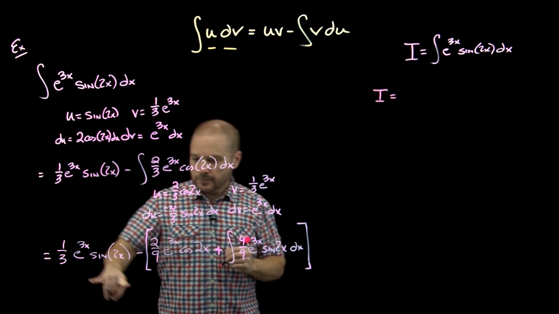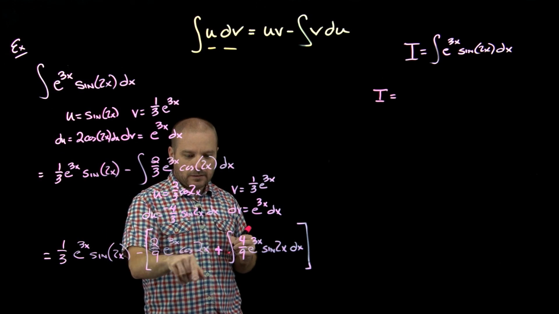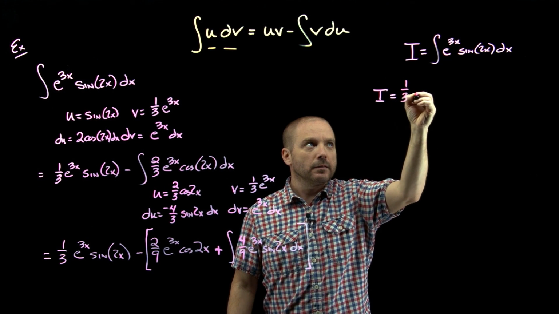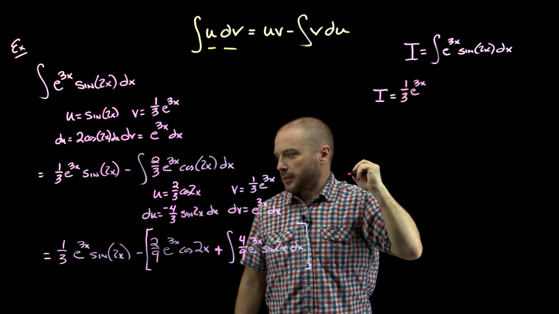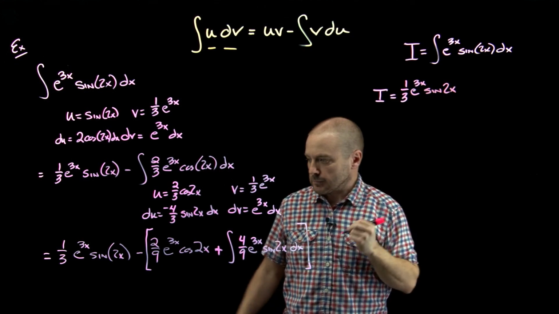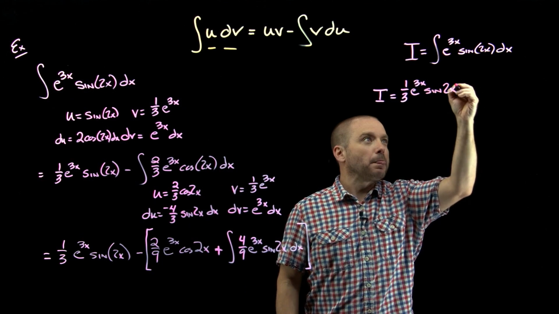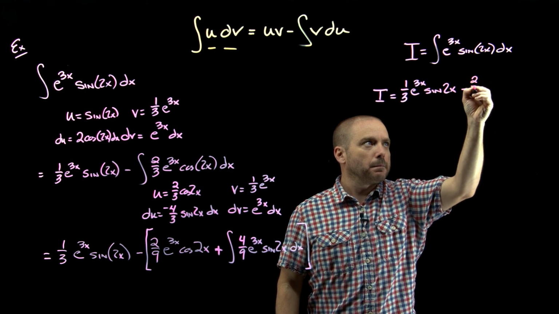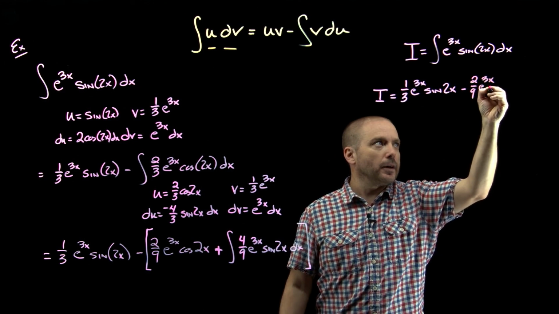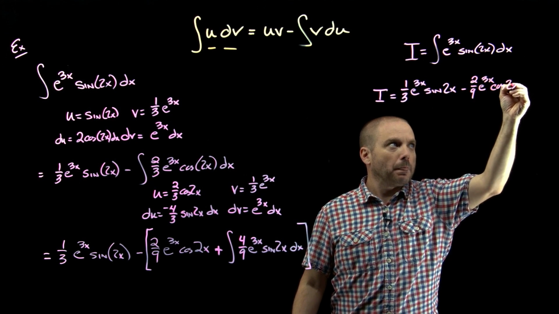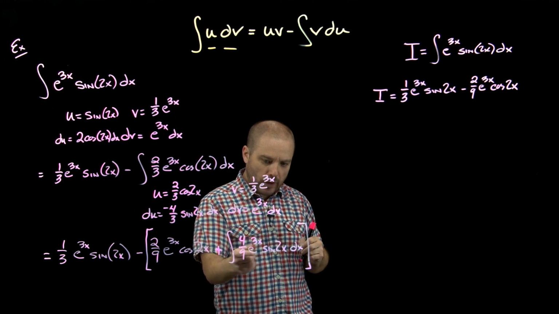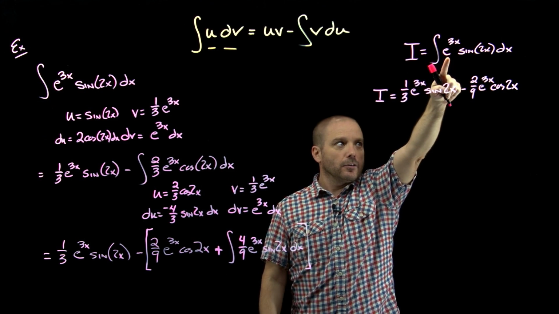And the equation we have currently is that I equals this minus this, and distributing the minus, so 1/3 e to the 3x sine 2x minus 2/9 e to the 3x cosine 2x, and then distributing that minus, 4/9 of that integral.